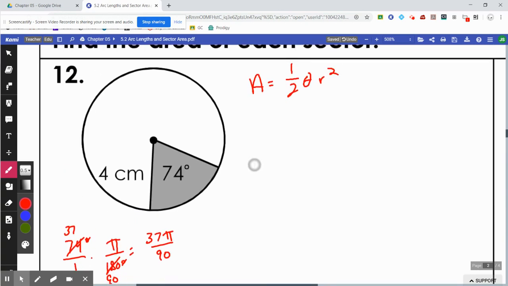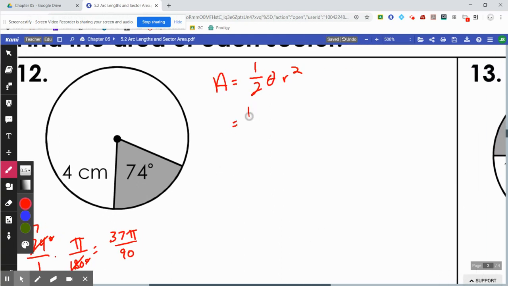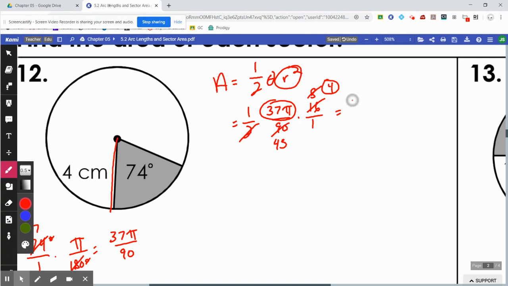So therefore, our angle we now have, so we have 1/2 times 37 pi over 90 times the radius, which is 4, and let's go ahead and square it, gives you 16. We can cross cancel anywhere we want, so that gives you an 8. We could cancel our 90 and our 8, and that's going to give me a 45 and a 4. So on top, we have 37 pi times 4, which is 148 pi over, and then we have a 45 on bottom.